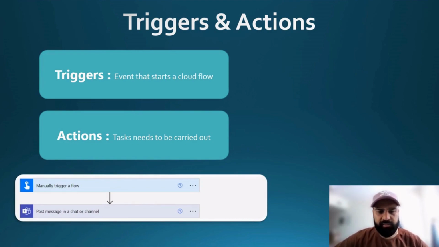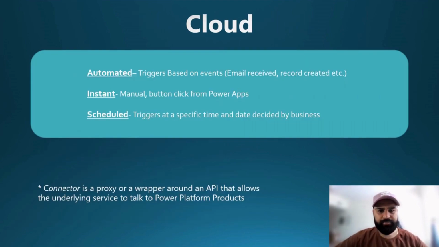So this is a very basic sample of a Power Automate which has a manual trigger, which is an instant flow, and one action defined here is to post a message in a chat or a channel, a Teams chat or channel. So this is a single trigger, and multiple actions can also be defined. As of now it just contains one action here.